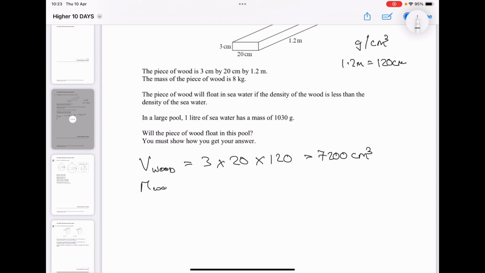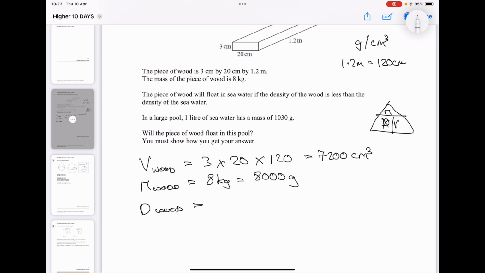Mass of the wood is 8 kilograms, which times by 1,000 is 8,000 grams. So the density of the wood is, density is mass over volume.